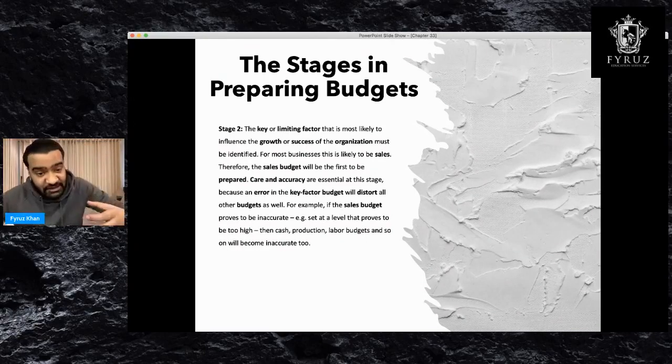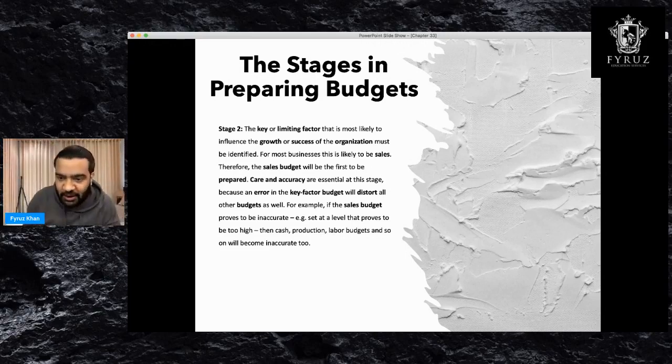By limiting factor, I mean look at the most important step. When you do something, there may be a very important or critical step. Look at that, because if you can complete that critical step, then everything will be easy, right? And a lot of care and accuracy needs to be taken. For example, in budget, sales budget is very, very important.